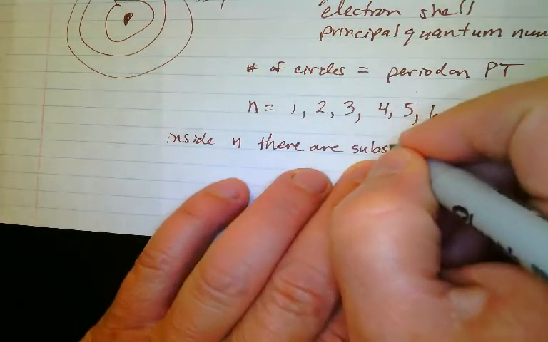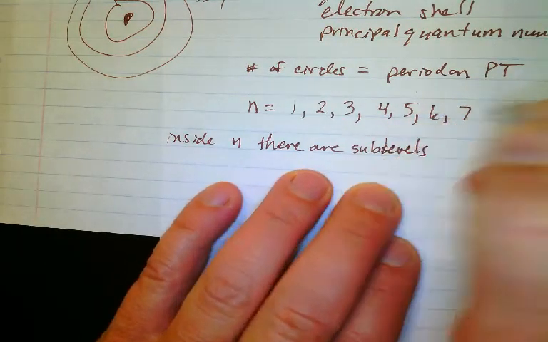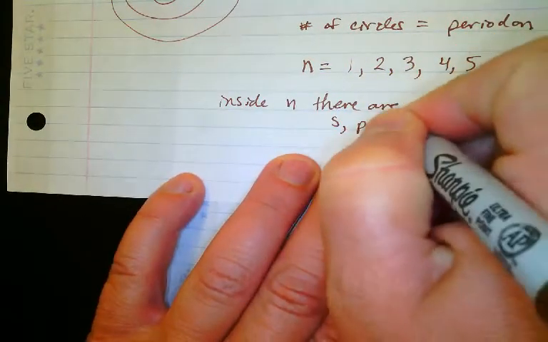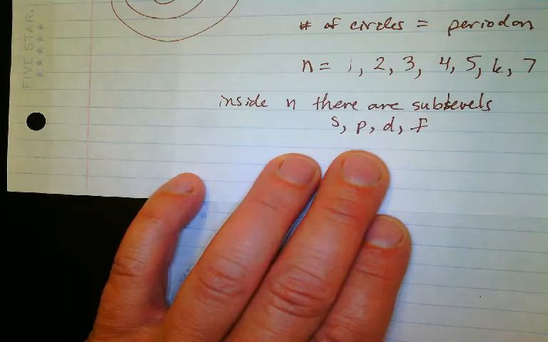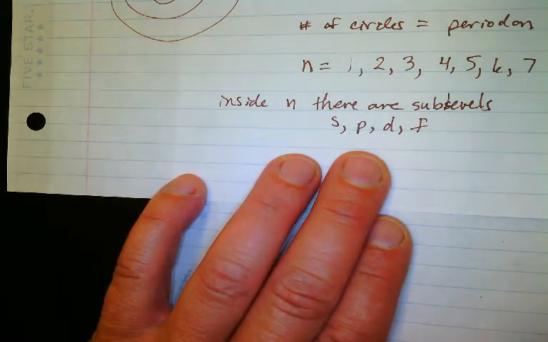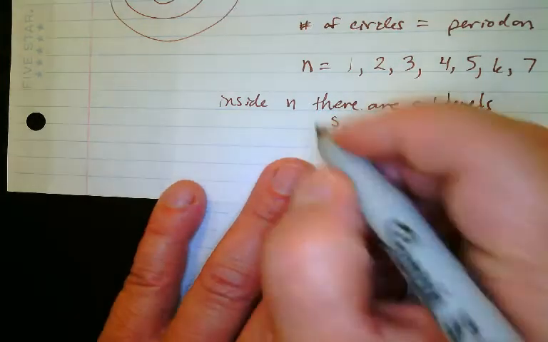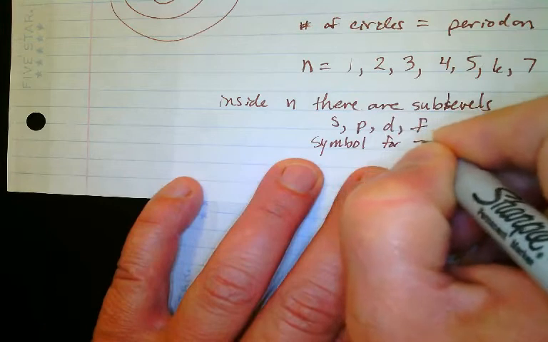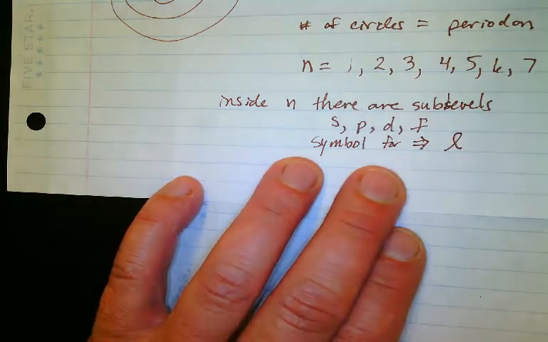There are sublevels. So our sublevels that we learned are S, P, D, and F, right? There's 4 types. So now we have a symbol for a sublevel. Our symbol for this is a lowercase l.